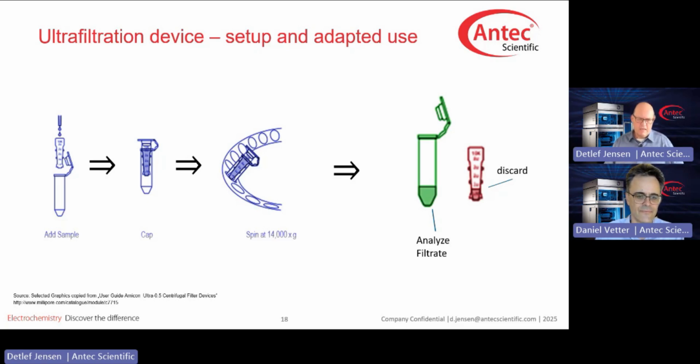The matter of fact is, whatever decision we make in life, including the decisions in sample preparation, there are consequences. We just talked about how easy it is, how cool it is, how little work is involved. So what's on the other side of the coin? On the other side of the coin is the cost of these ultrafiltration devices. So you will have to look into how many samples you have to analyze and whether or not this ultrafiltration is a cost-effective way of preparing your samples, or if you decide to go for a different approach.